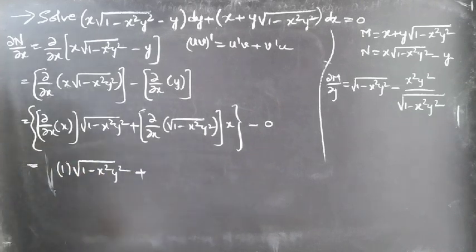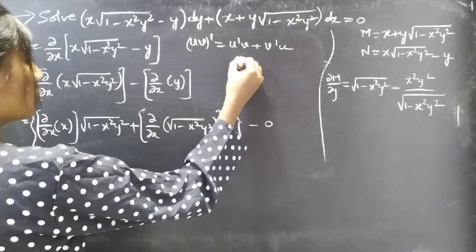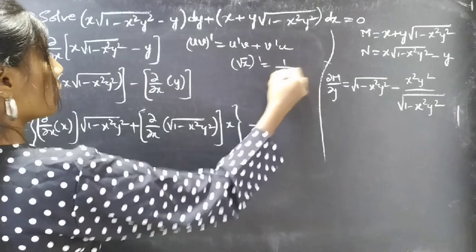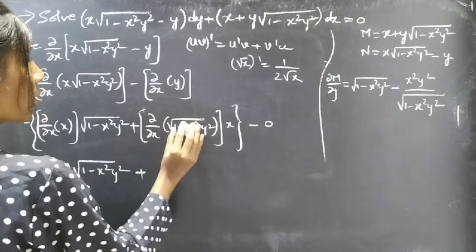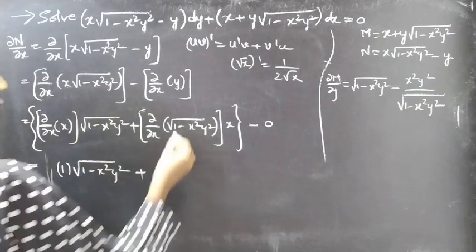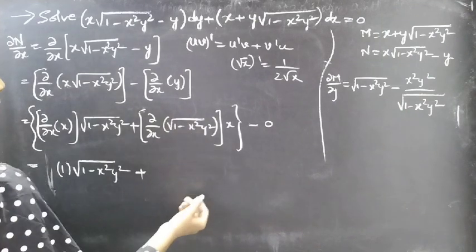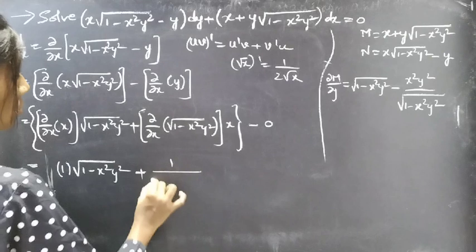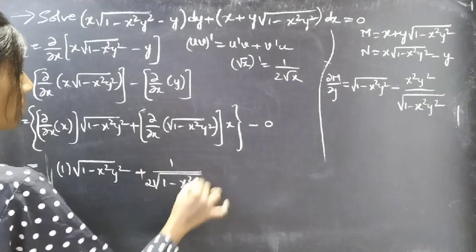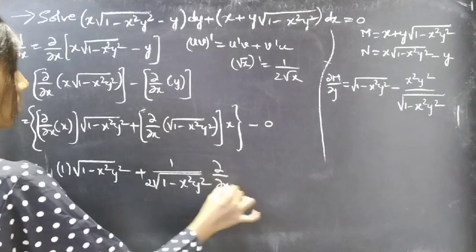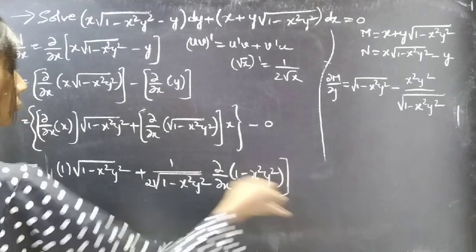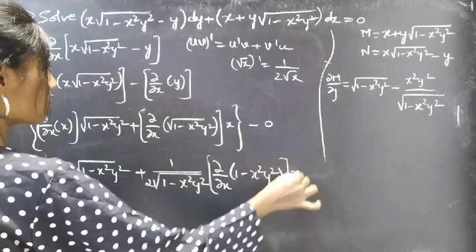plus partial derivative. Since we know that derivative of root x is 1 by 2 root x, consider 1 minus x square y square as one term. So we'll get the derivative of square root of 1 minus x square y square is 1 by 2 into square root of 1 minus x square y square into partial derivative of inner function into x.